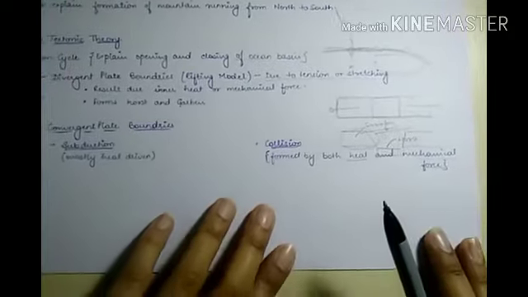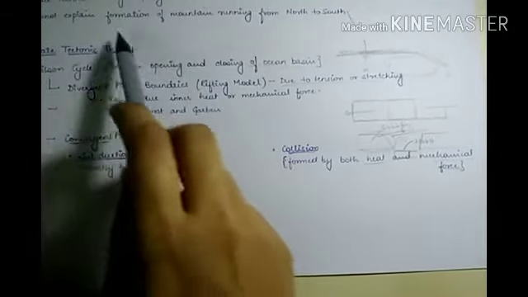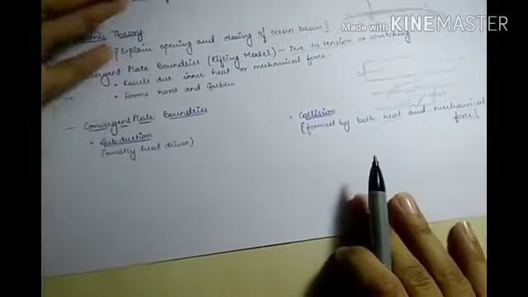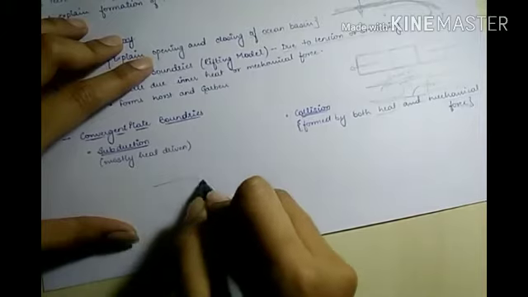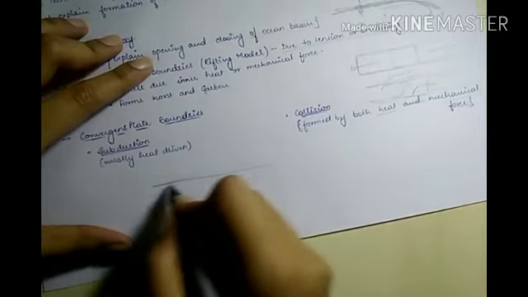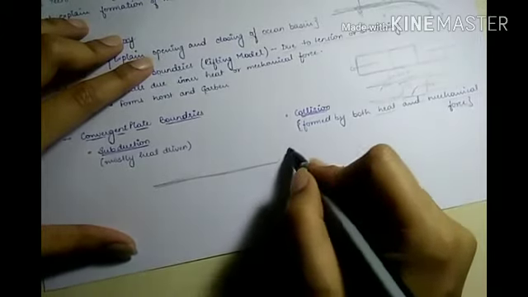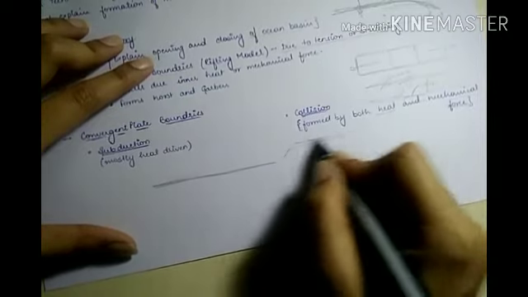Okay, so this was the whole plate tectonic theory. We have studied this theory, and we will see it in a diagram once again. Here we have the ocean floor plate, and here we have the continental mass.